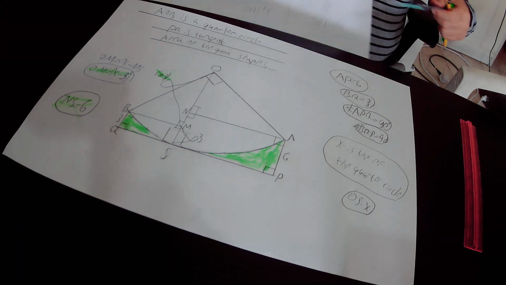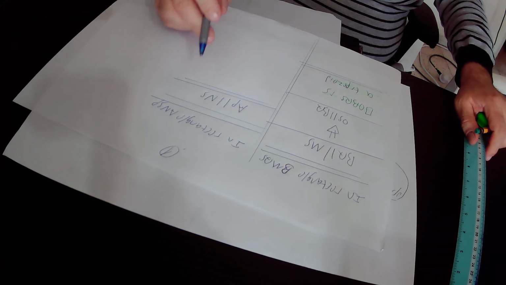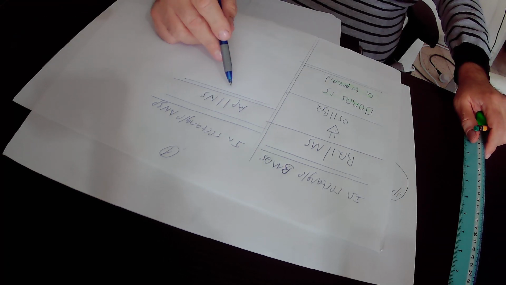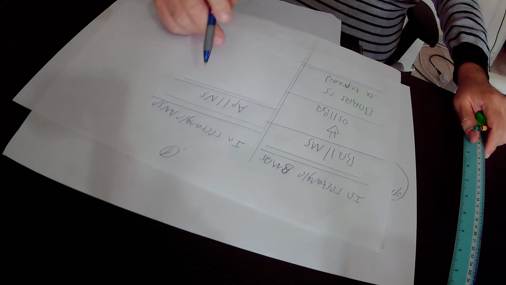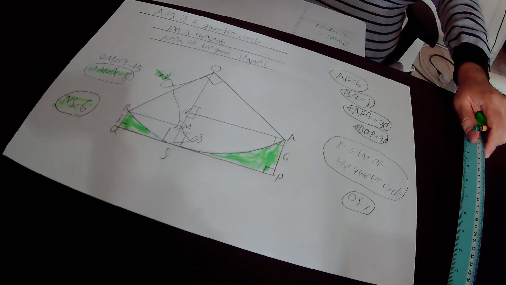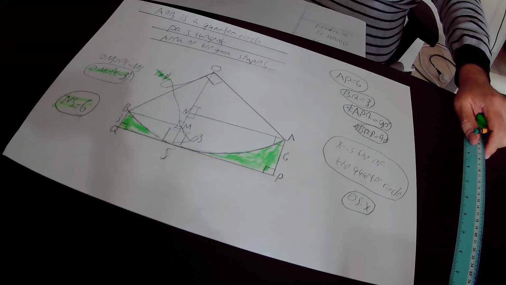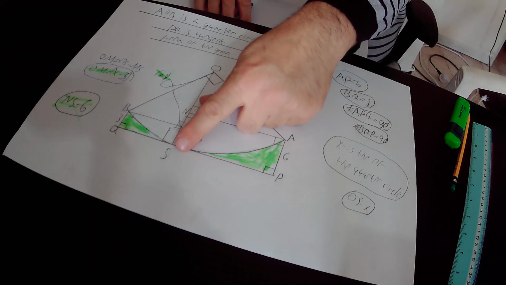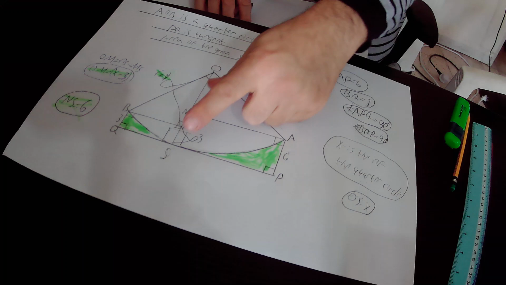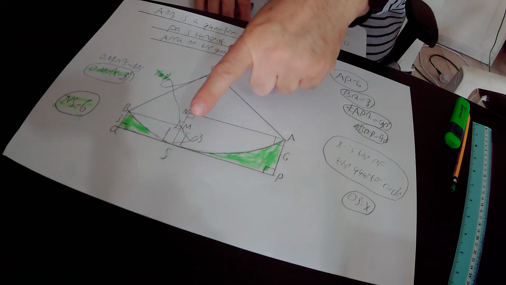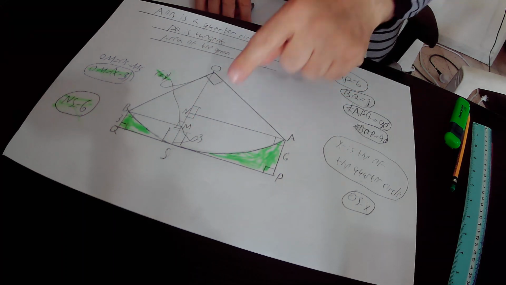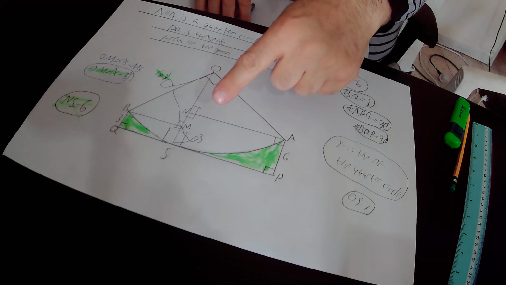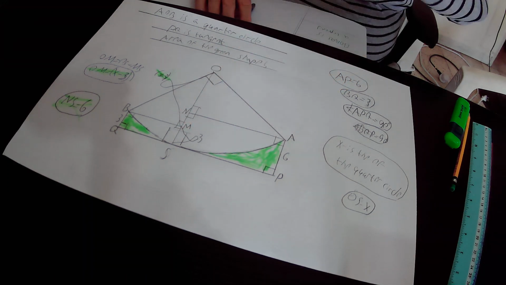But side NS is part of the straight line OS.